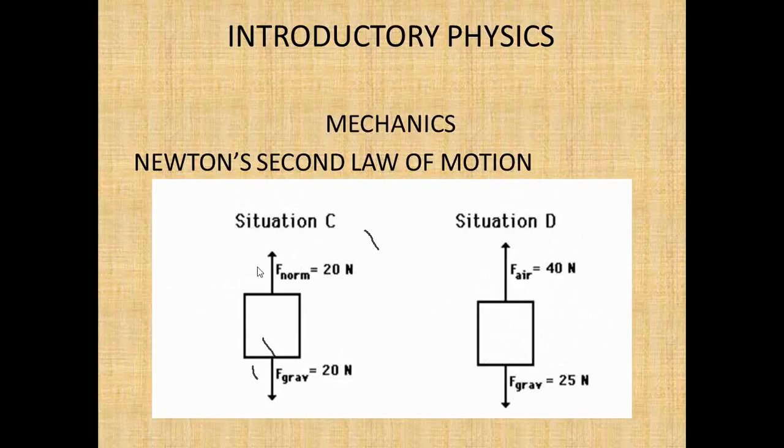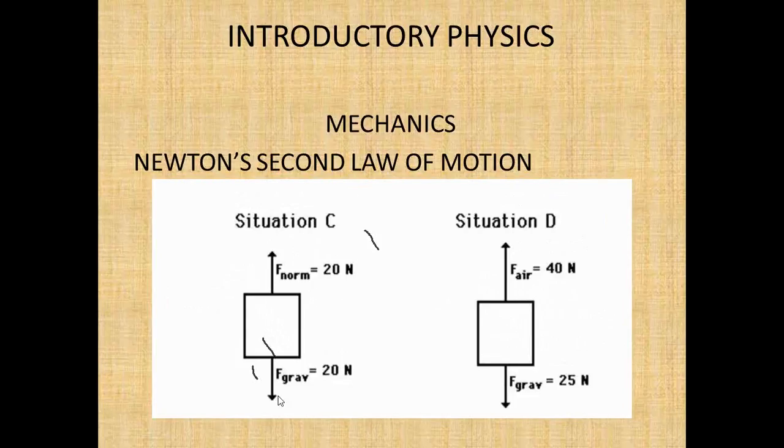But anyway, another scenario, situation C, where in the free body diagram the gravitational force, which is equal to the mass of the object times the acceleration due to gravity, is 20, and the normal force is in the opposite direction, the same as the gravitational force, and it's 20.